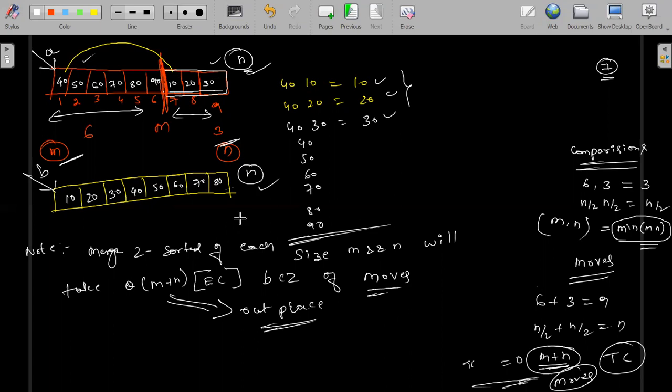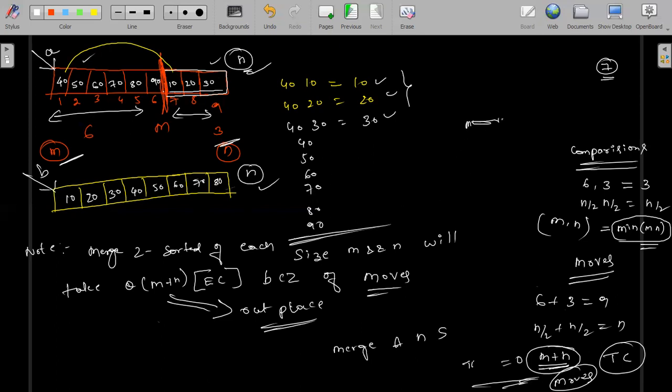If the merge algorithm is taking more than n space extra, that is the worst algorithm. Any algorithm should not take space more than log n.